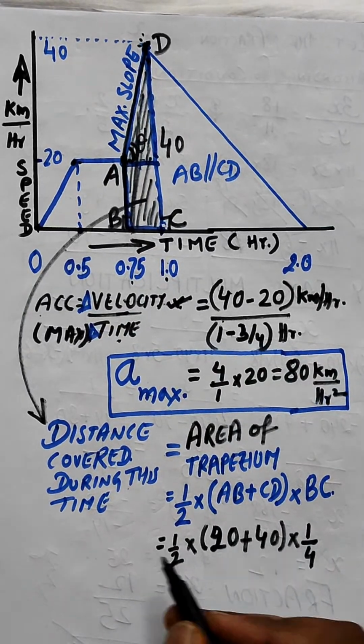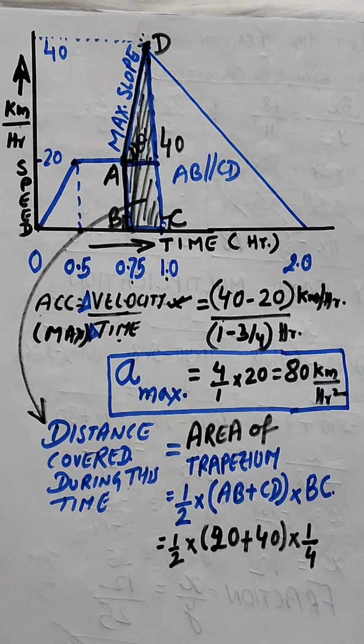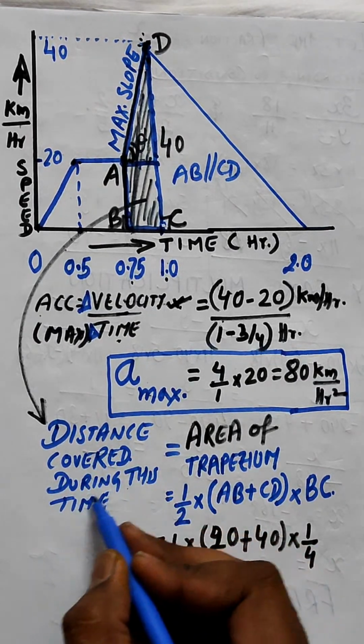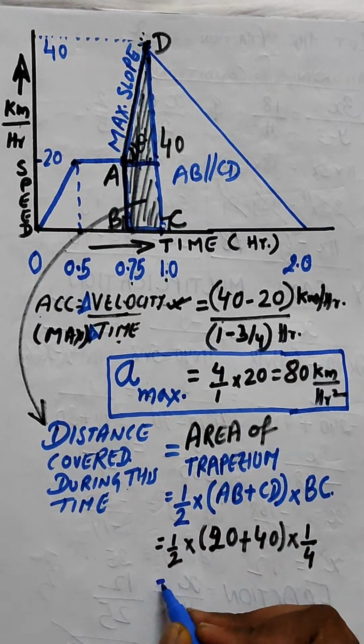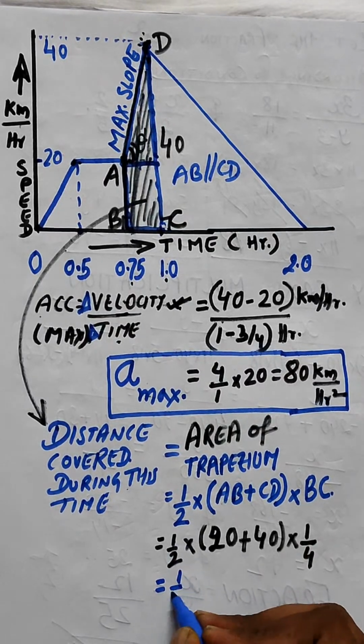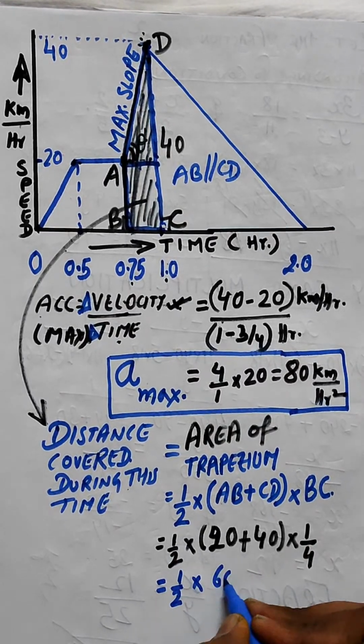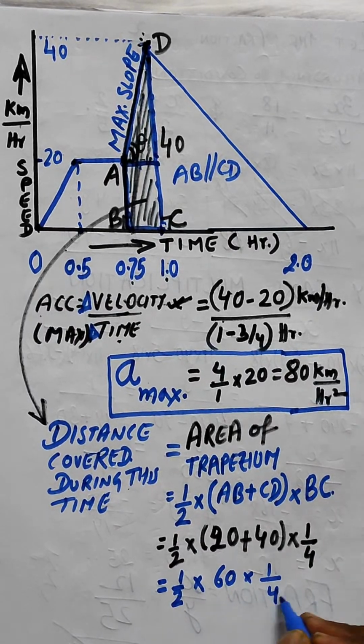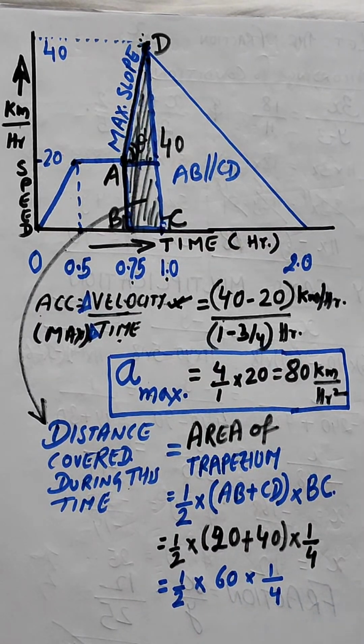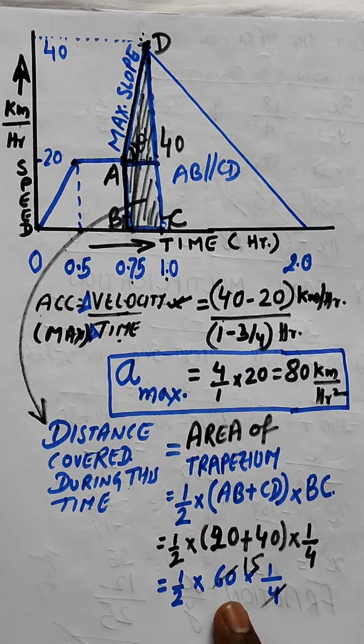So this will give you the distance covered during this time, and the value of this will be 1 by 2 into 60 into 1 by 4, right? So 4, 15, 60. 4 into 15 will be 60, right?